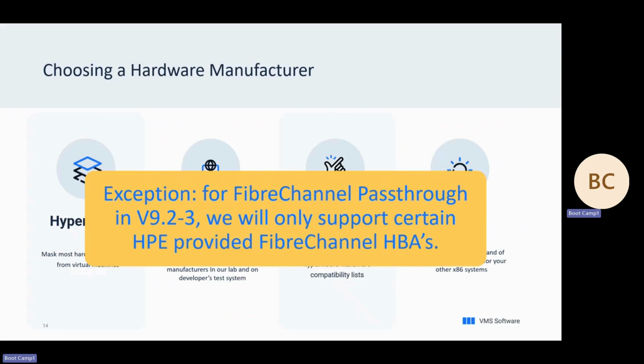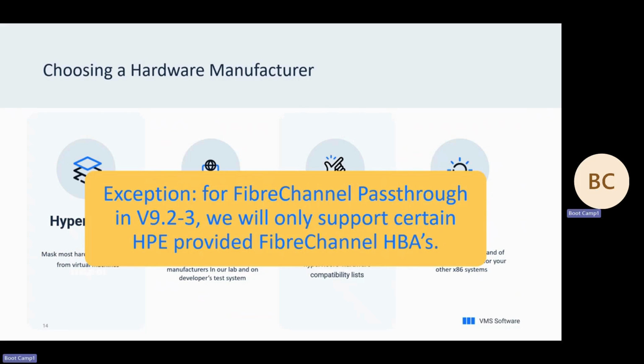We're going to add support for the SN1610Q card, a 32 gigabit Fibre Channel adapter that is compatible with Gen 11, and then we'll also support HPE Gen 11. We expect to officially release that towards June of next year.